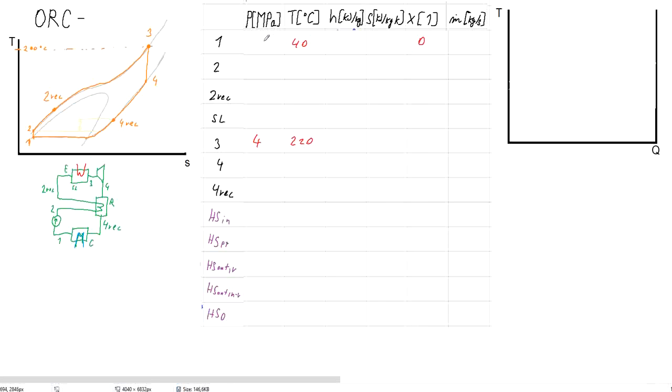So from the diagram we got the condensing pressure of 0.25 megapascals, so it's pressure at point 1, at point 4, and for recuperated.